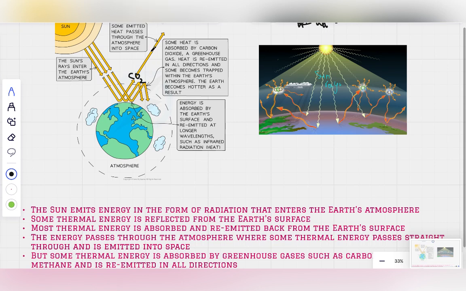Only a few eventually find their way to outer space. The majority is absorbed by CO2, the greenhouse gases, and sent back to the Earth. And when this phenomenon spreads around the Earth, it warms the entire Earth and thereby causes what we call global warming.